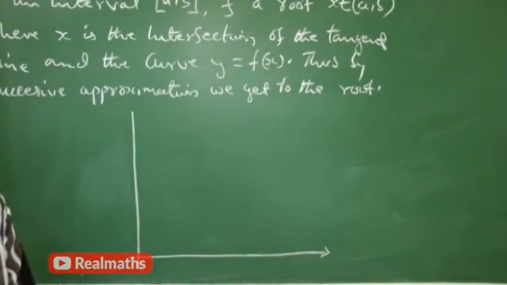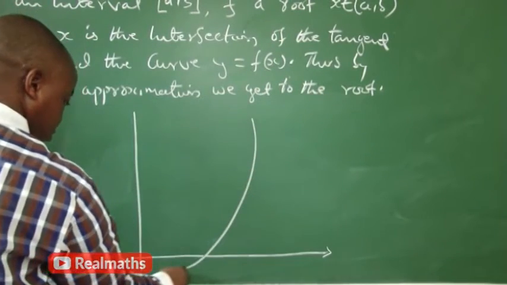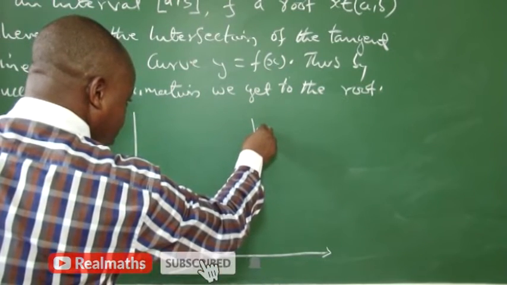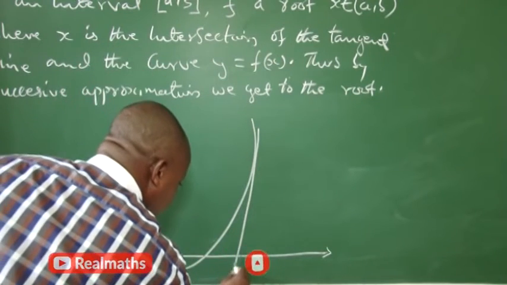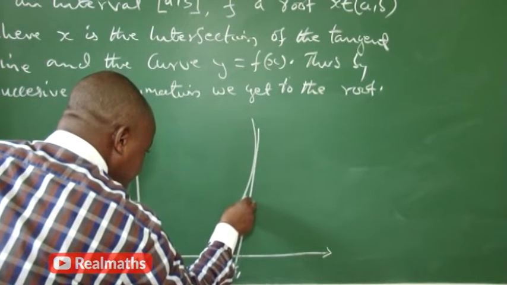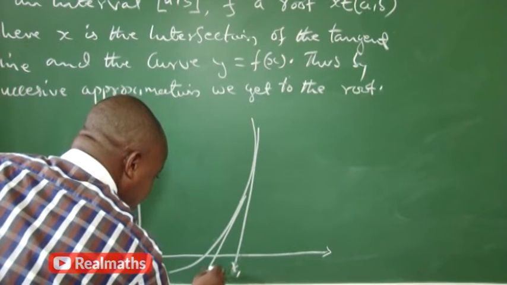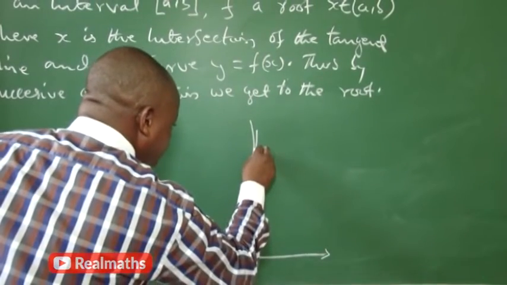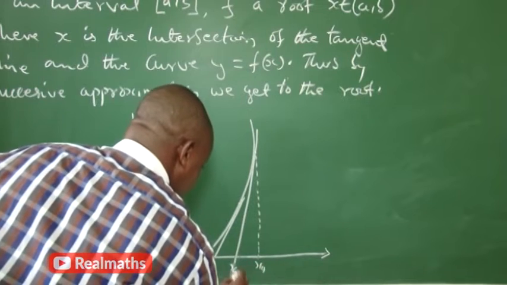We have a curve, and there is also a tangent line at this point, call it x1. We have another tangent line, and this one this time is at x2. So in this point we have a point x0.